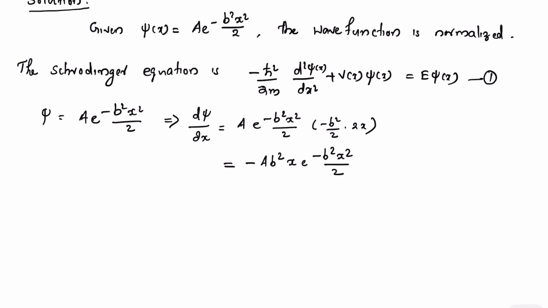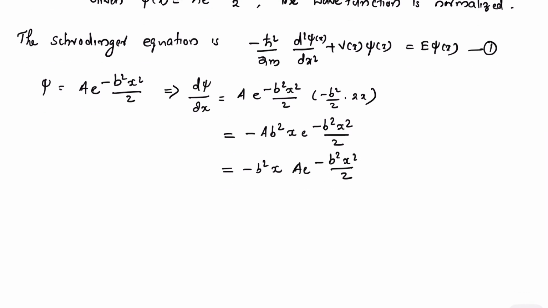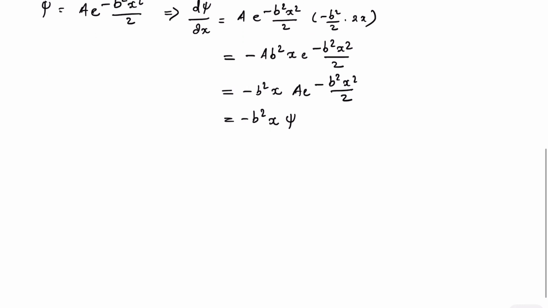Now let us rearrange the terms. We can write it as minus b squared x A e raised to minus b squared x squared by 2, which is nothing but minus b squared x into psi, because psi is equal to A e raised to minus b squared x squared by 2.